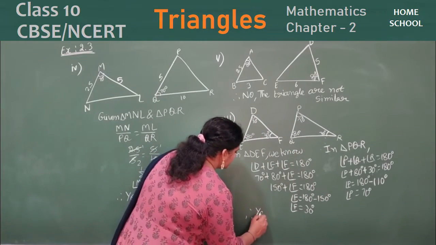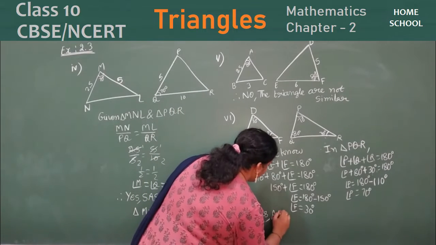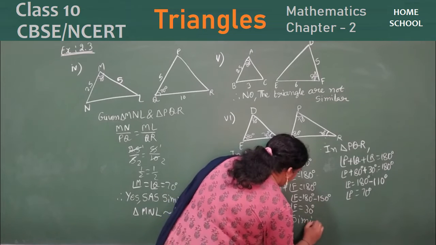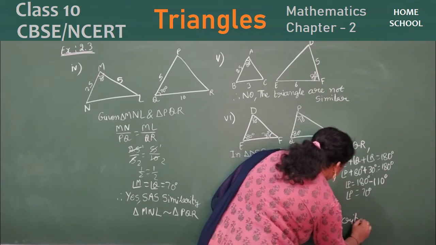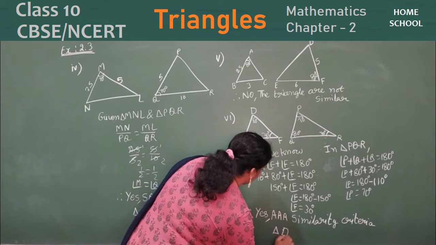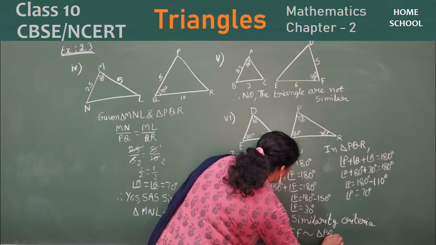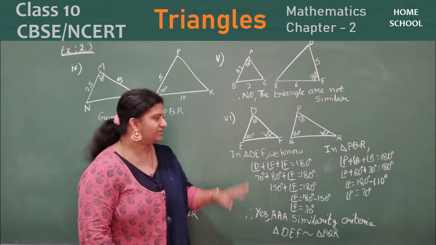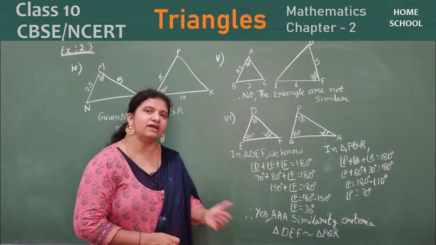Therefore, yes, by angle-angle-angle similarity criteria, I can say that triangle DEF is similar to triangle PQR. Just compare, and by seeing that you can say, children, whether the two triangles are similar or not similar.